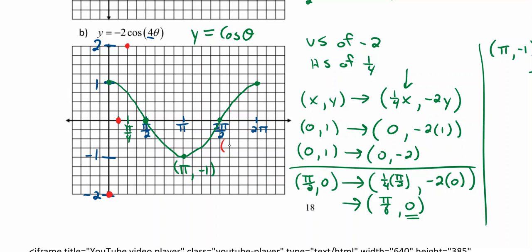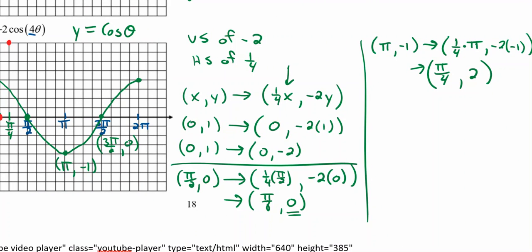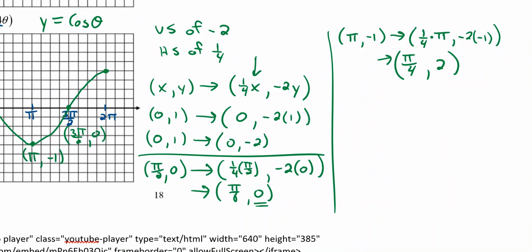So this point was 3 pi over 2, 0. All right, so 3 pi over 2. Come on, pen. 3 pi over 2, 0.